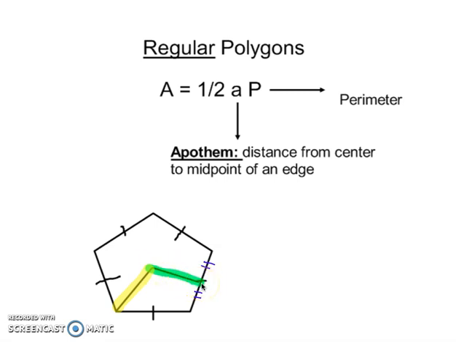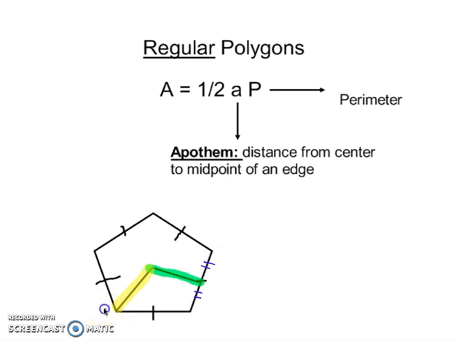I also have another thing drawn on here in yellow. That's right here. And this right here is not the apothem because if you notice, it does come from the center, but here it's at a vertex. It's at a corner. So that is not the apothem.